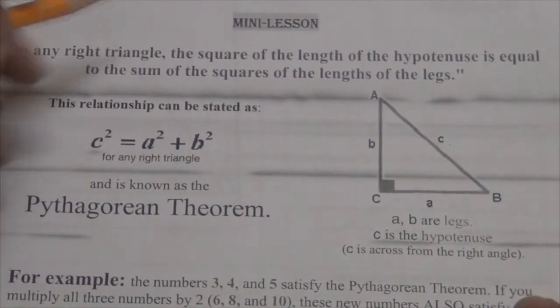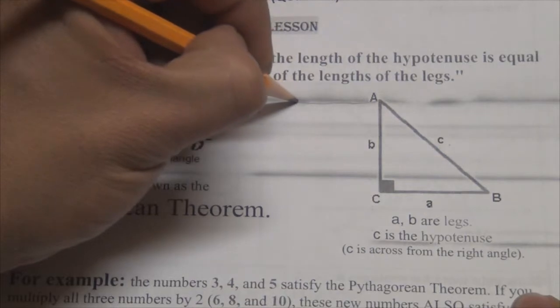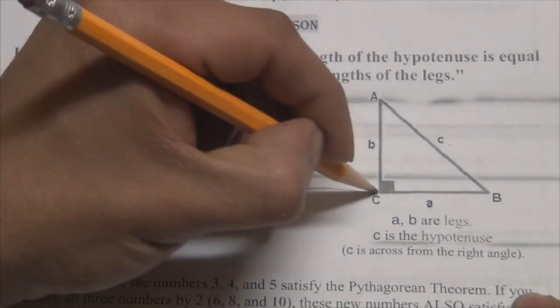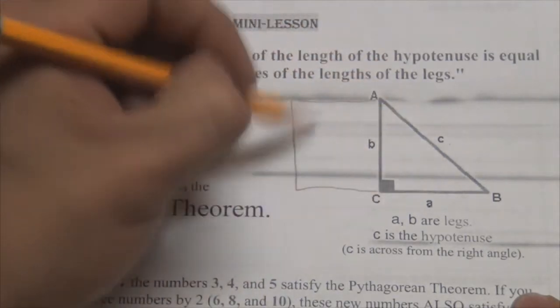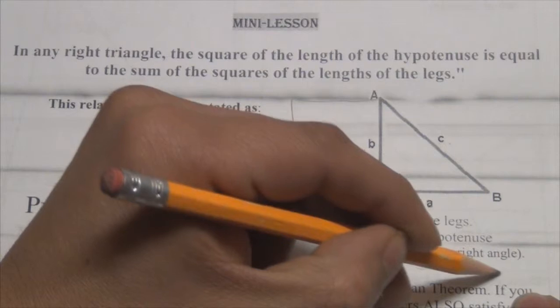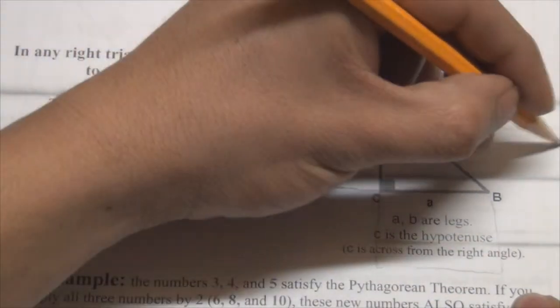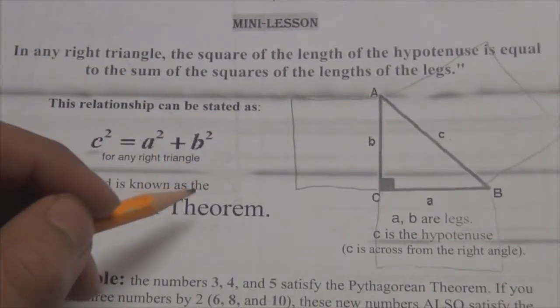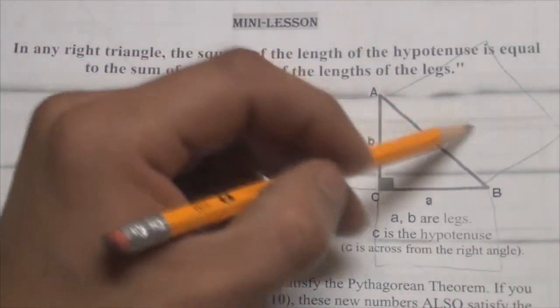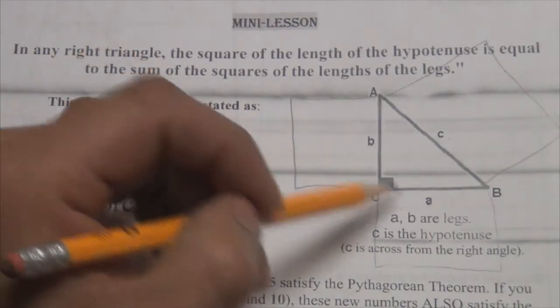Now, it's amazing, but this is how he did it. He said that the area of the square of one side equals the area of the square of another side. So let's put another square here. He said that the area of the larger square is equal to the area of the two other squares.